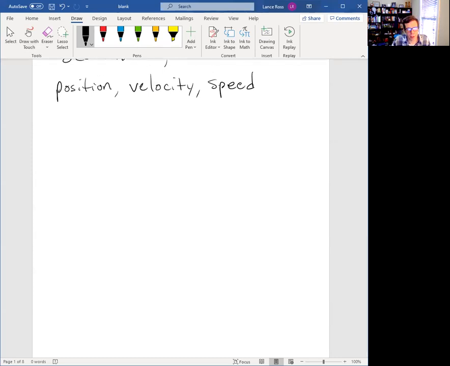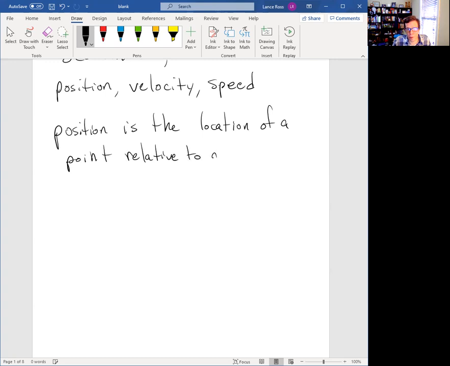So let's start by defining position. Position is the location of an object or a point relative to a reference. In general, that reference is the origin of a coordinate system.